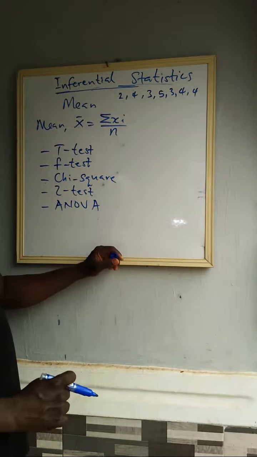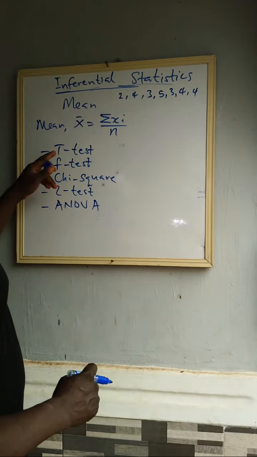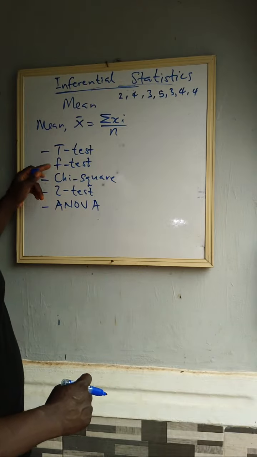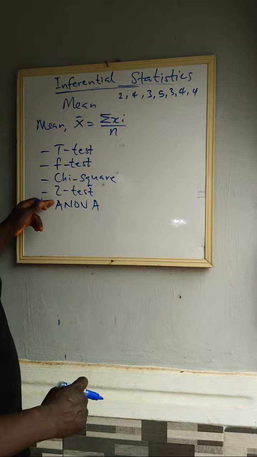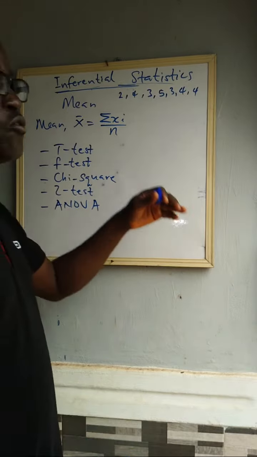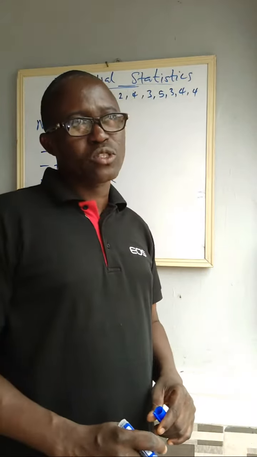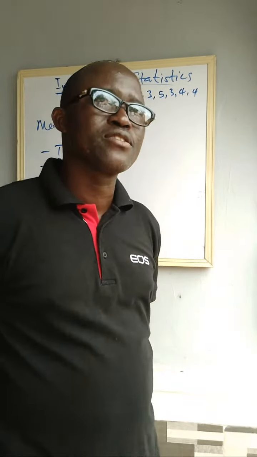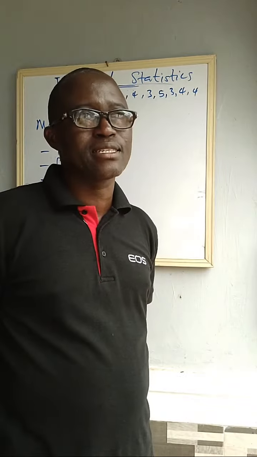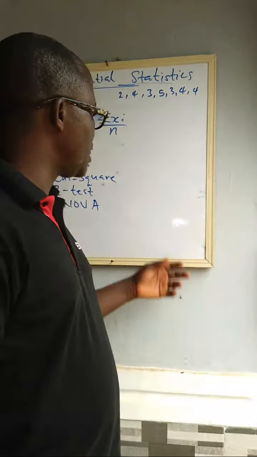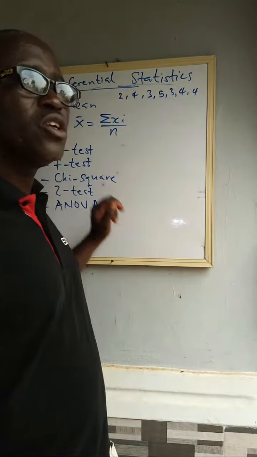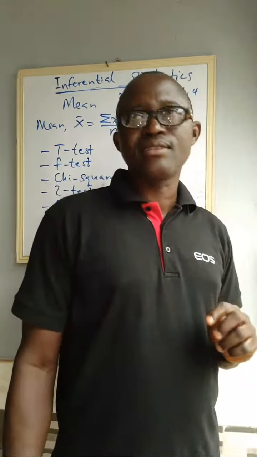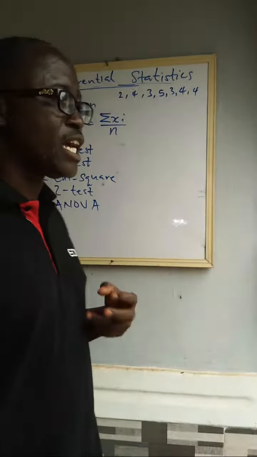So for instance, if you want to carry out t-tests, f-tests, and ANOVA, you will need some form of preliminary work to be carried out. For example, you need to compute the variance on such data sets. When you have done that, you go ahead and apply your test statistic, any one of these that you have chosen.